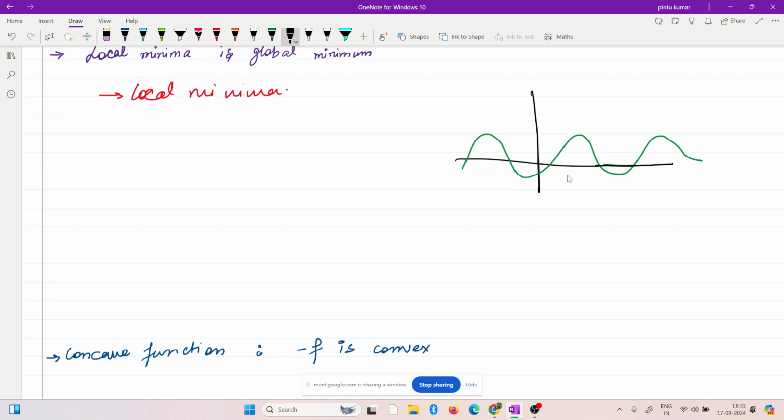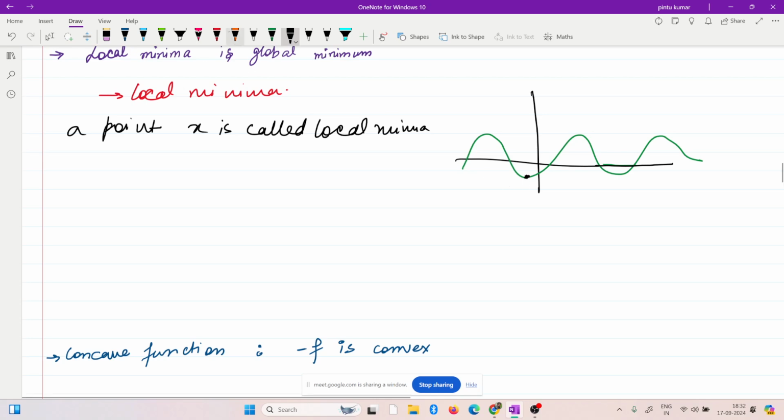And now what is a local minima? A point x is called a local minima. Let's say this is your point x. You will call this point a local minima if, in its small neighborhood, this point is the minimum point.